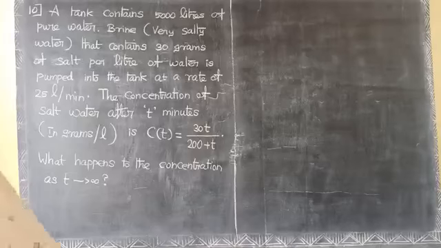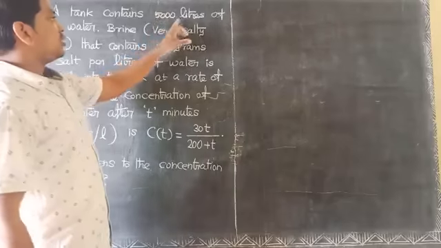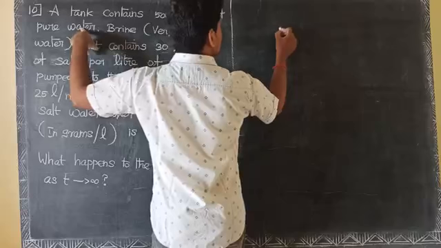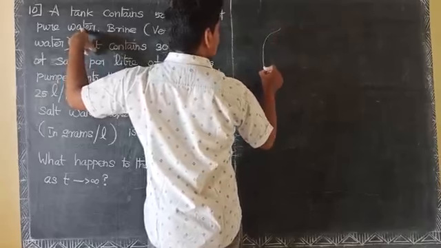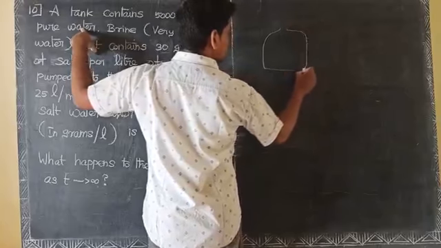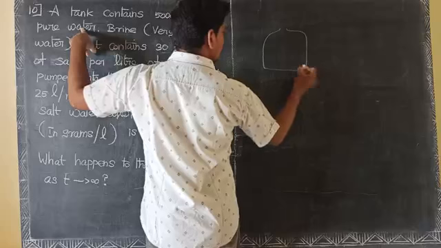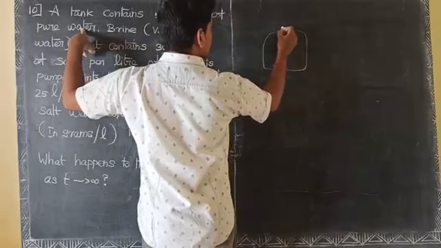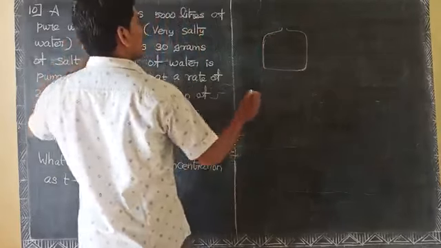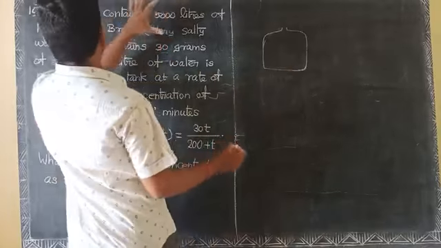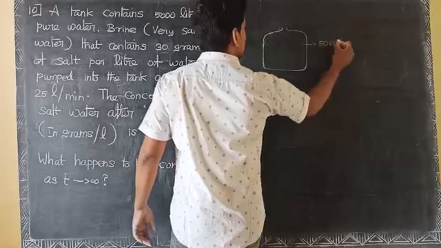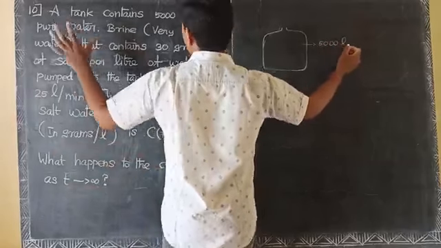Question number 10. A tank containing 5000 liters of pure water. Assume that this is one tank. The tank has 5000 liters of pure water.